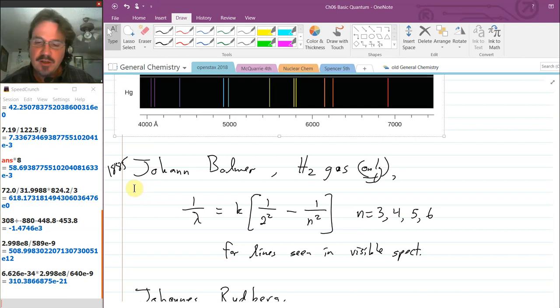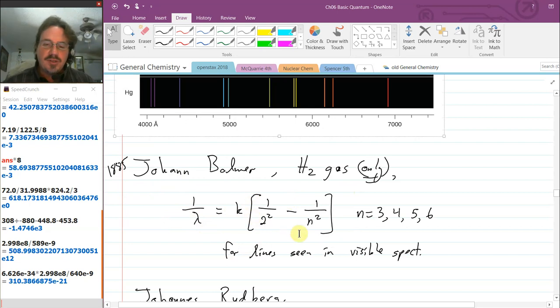All right, so here's the equation that he used to predict the wavelengths of the hydrogen spectrum. Some proportionality constant, times, and this is kind of interesting, 1 over 4, which is 2 squared, minus 1 over n squared, where n is quantized. And it starts with 3, 4, 5, 6. It starts at 3.